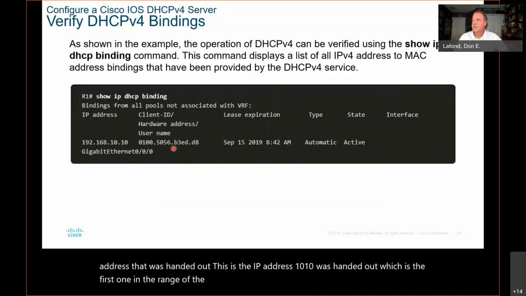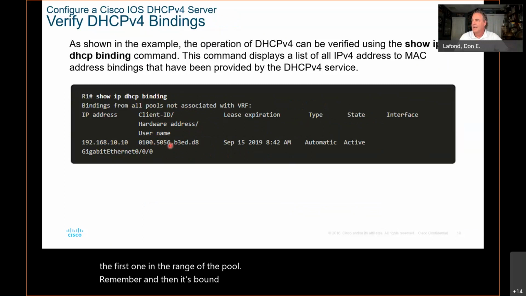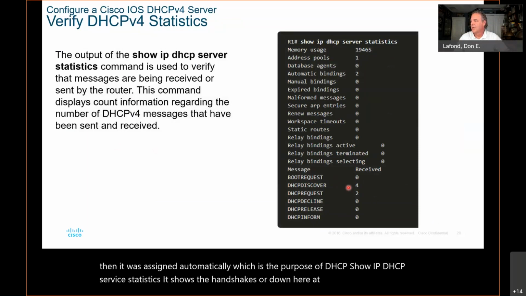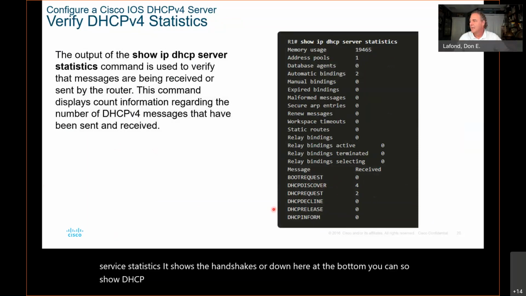And then it's bound to this MAC address, and when it was assigned, and it was assigned automatically, which is the purpose of DHCP. Show ip dhcp server statistics shows the handshake. Down here at the bottom, you can see DHCP discover, request, and none were declined, none were released.